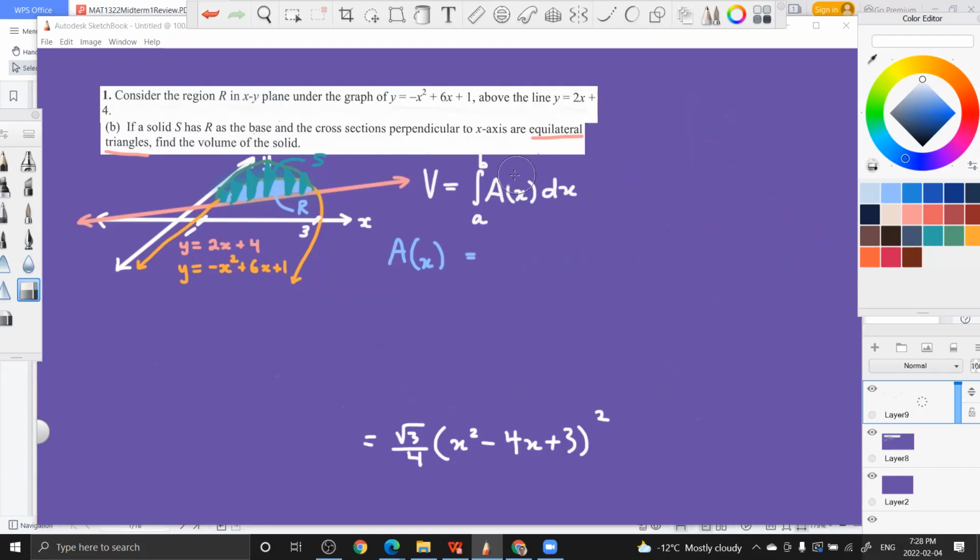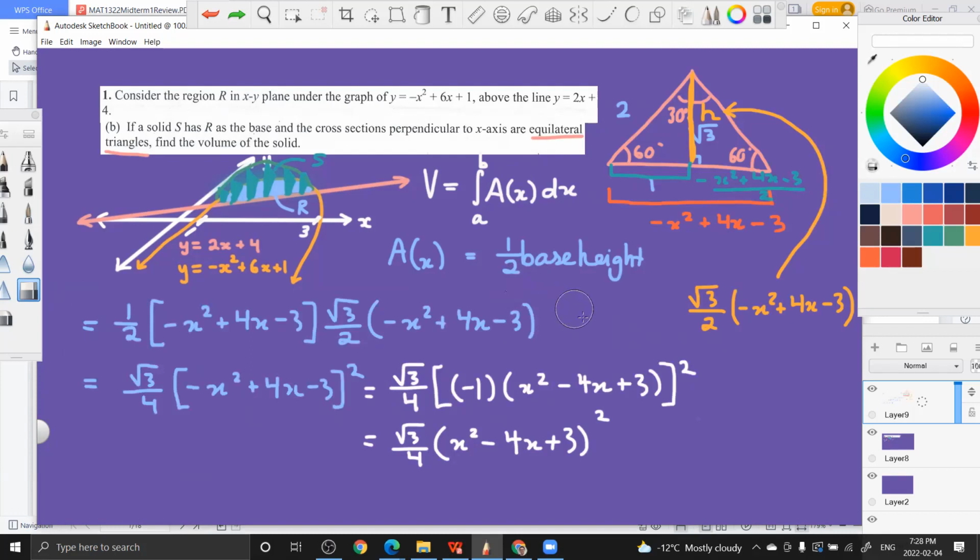Oh, I see one question. It says, where does the negative go? Do you mean this negative? Where does this one go? Is that what you're saying? Yeah. Okay, it's very simple. So you see here, we factor out the -1. So we get -1 times x squared minus 4x plus 3.